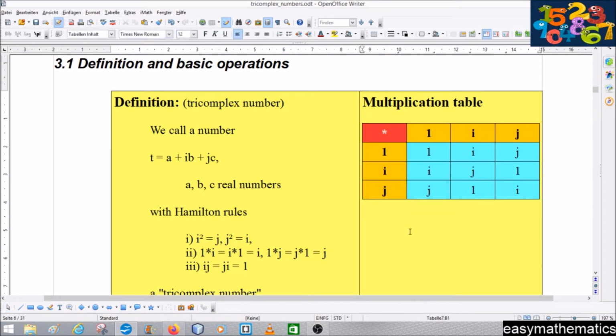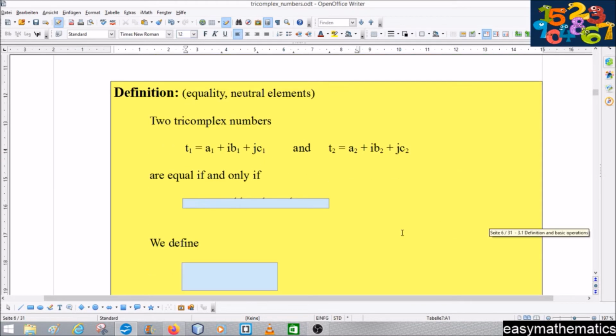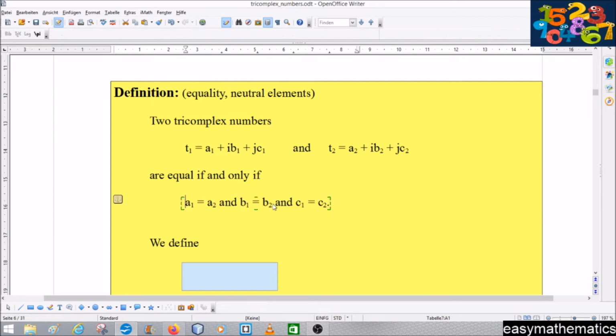Okay, yeah. And these Hamilton rules, I prepared a multiplication table, yeah, to see what's going on in a table form. So these rules here are summarized in this multiplication table. Okay. Then of course we need a definition for equality and neutral elements, and we say two tricomplex numbers t1 and t2 are equal if and only if they are equal in each component.